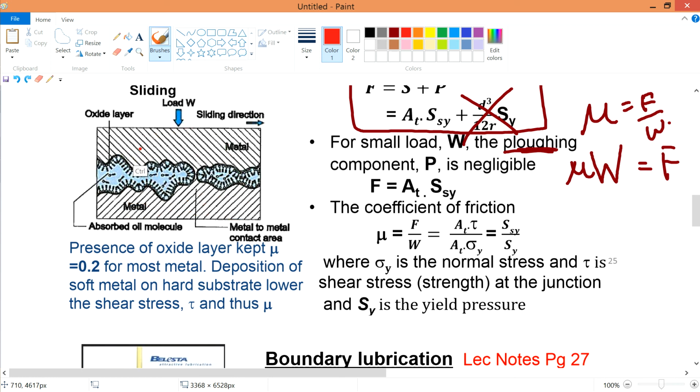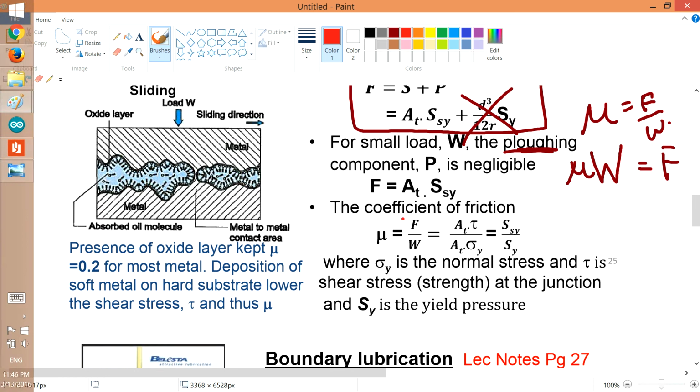The softer part is rubbing against this oxide layer. This is the soft one, this is the hard one. Over a long time, the soft and the hard rubbing against each other will create this type of layer, which is in fact softer than the hard one. I'll leave you to think about it a bit.